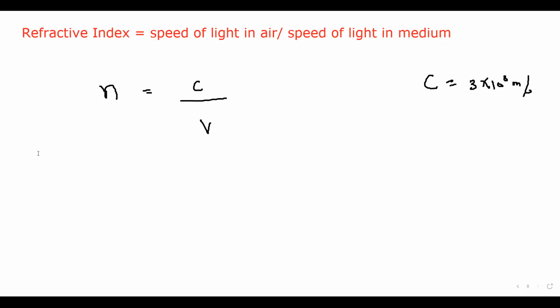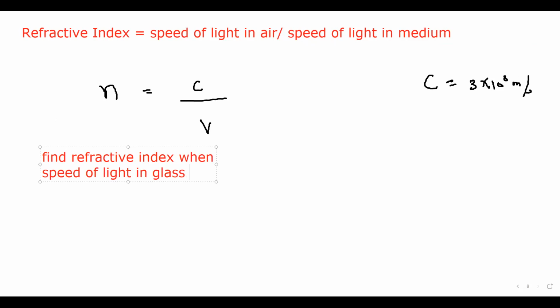So if I say, find the refractive index when the speed of light in glass is 2 times 10 to the power 8 meters per second, they don't give you the speed of light in air. So you have to memorize it, which is 3 times 10 to the power 8.